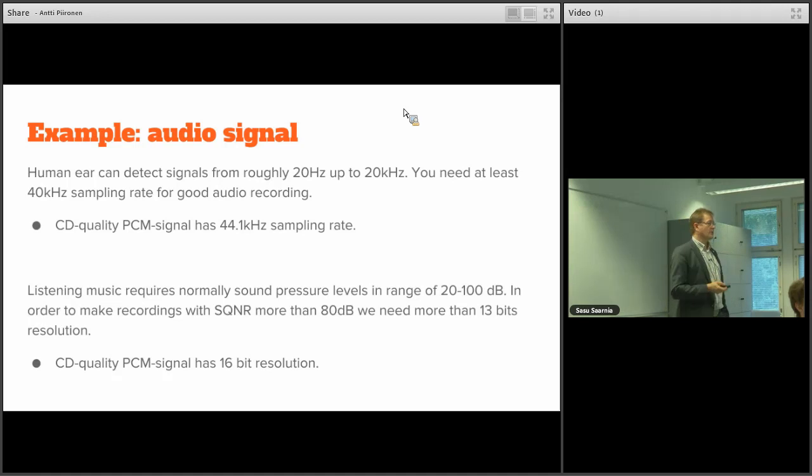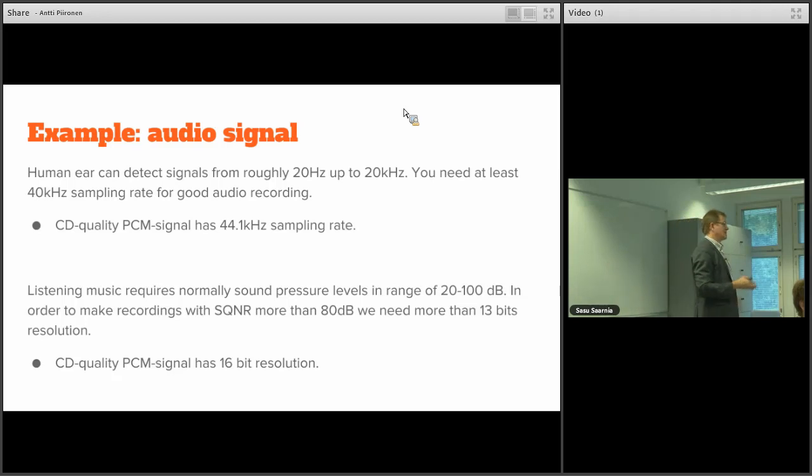So have you ever thought about why we have this 44.1 kilosamples per second standard recording, the default for Sound Blaster or sound cards? Well, that actually comes from the fact that the human ear detects roughly between 20 hertz and 20 kilohertz signals.